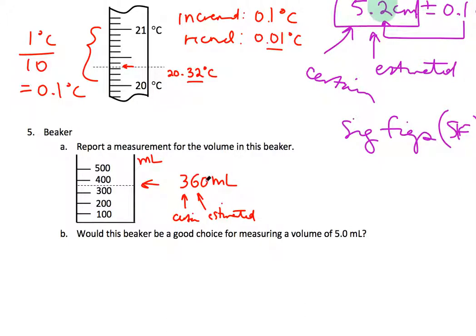Now, if our estimated digit is in the tens place, even though we're not writing it down, what does that imply for its margin of error? We could have been at 370, right? So we're at plus or minus about 10 milliliters. The actual identity of that sometimes is not known. We're just estimating that it's probably about 10, just because of the way the markings are set up. So if it's plus or minus 10, are we going to be good at measuring volumes that are 5 milliliters? I would say no, because our margin of error is much larger than what we want to measure here.